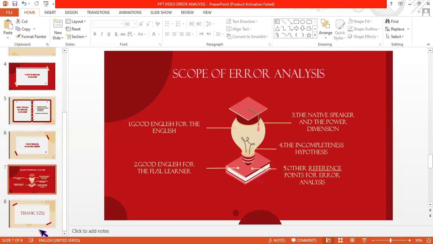Student mistakes can also provide evidence to researchers about how language is learned or acquired and what strategies or procedures students use in a language discovery.